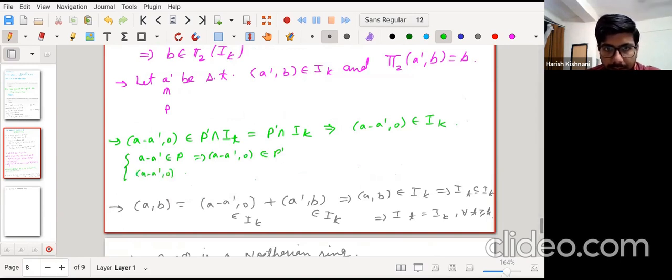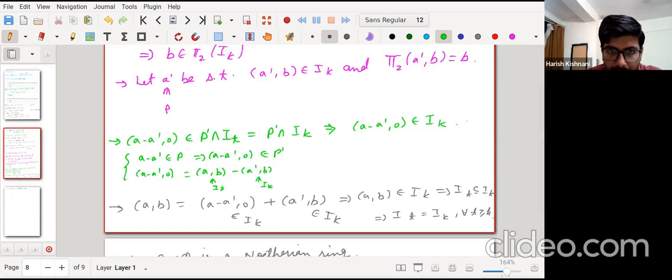It is just A minus A comma B minus A dash comma B. And A comma B we have chosen to be inside IT, and this is inside IT by our assumption, and this is inside IK. A dash comma B is inside IK, right? And we have chosen A comma B to be inside IT.